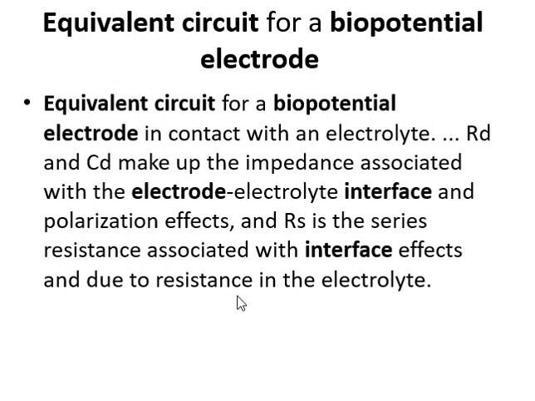The equivalent circuit of a biopotential electrode in contact with the body comprises a voltage in series with a resistance-capacitance network, as the voltage measured is actually the difference between the half-cell potentials of two electrodes, as shown in the figure.